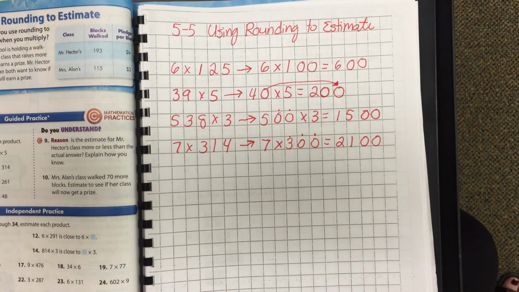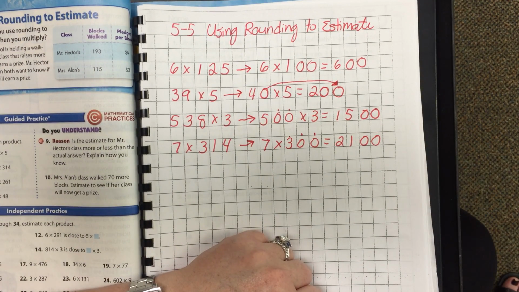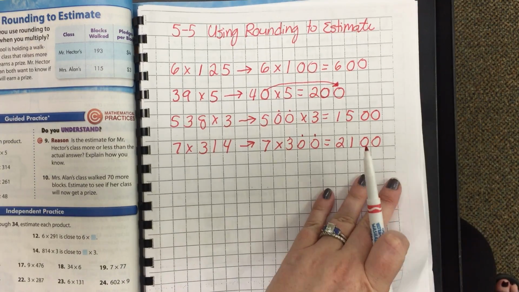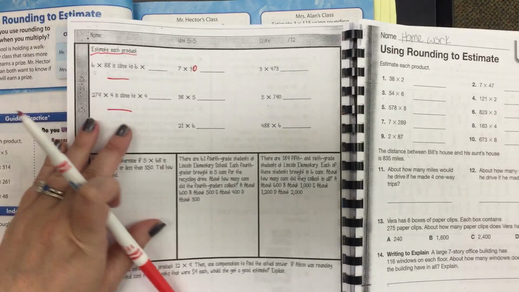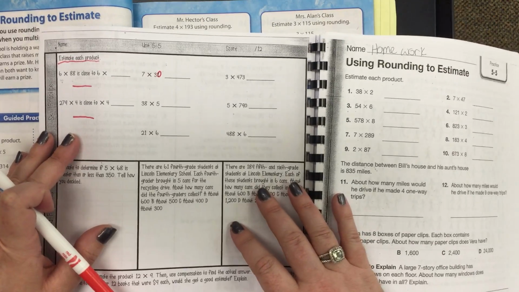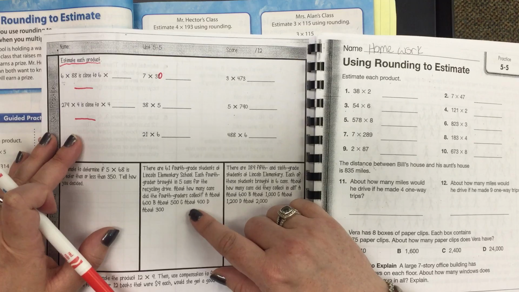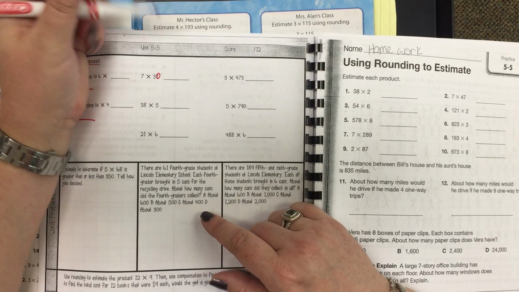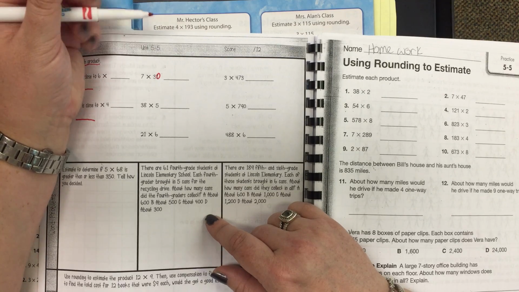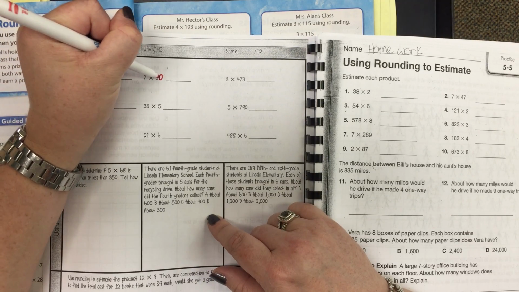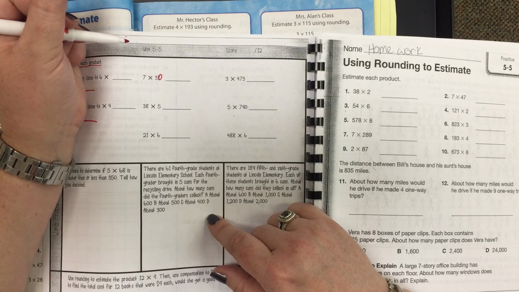So really, guys, this is the lesson. What I want you to do is in your Daily Common Core on the back, you've got these problems here. You do not need to rewrite this. See how that's 31, I just put a 0 over it, turned it into a 30.